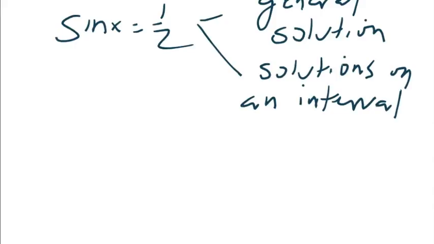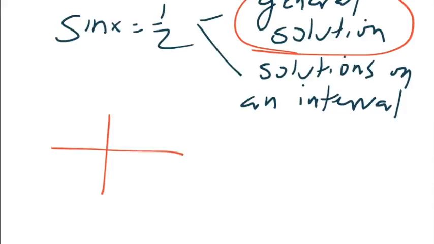Okay, we'll look at the general solution first. The general solution is the example where you're asked to find the first solution on the unit circle plus all the coterminal angles.